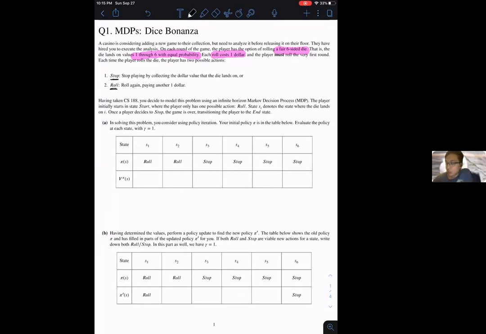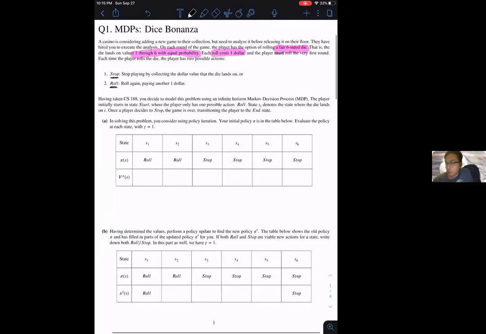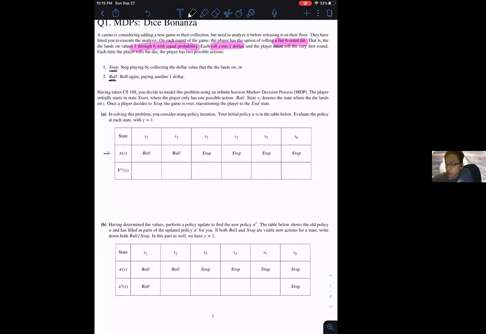In general, we start with some policy pi of s, and then we assign a policy value or action to each of the states. As you can see, each of the states we've initialized with some option that we can take: roll, roll, stop, stop, stop, stop, stop.